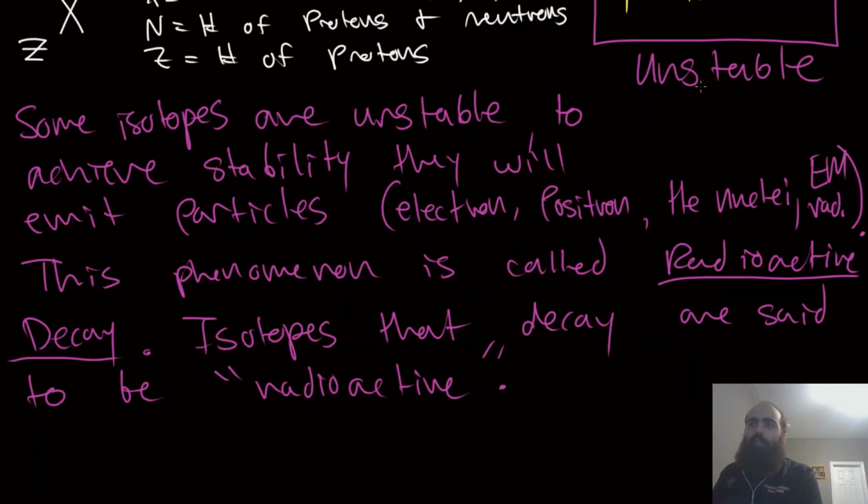These unstable nuclei, to achieve stability, will be kicking out some part of their nucleus in order to become more stable. That process is called radioactive decay, and whenever something is doing that, it's said to be radioactive. And the particles that these things are emitting is what we would refer to as the radiation from that decay.